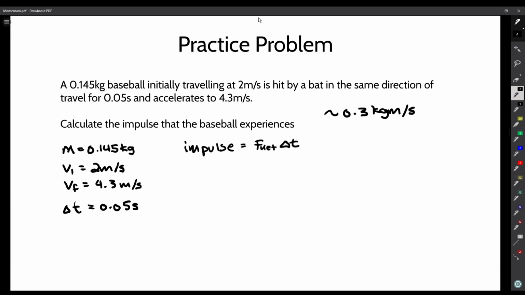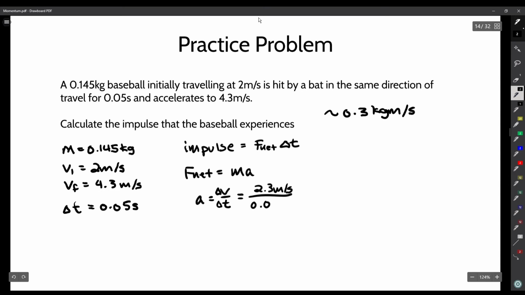Okay, well, we don't know what our F net is. We know what our delta t is. So we have to calculate F net equals ma, and a equals delta v over delta t. Because we have our change in v and our change in t, then we know that this is again 2.3 meters per second over 0.05 seconds.